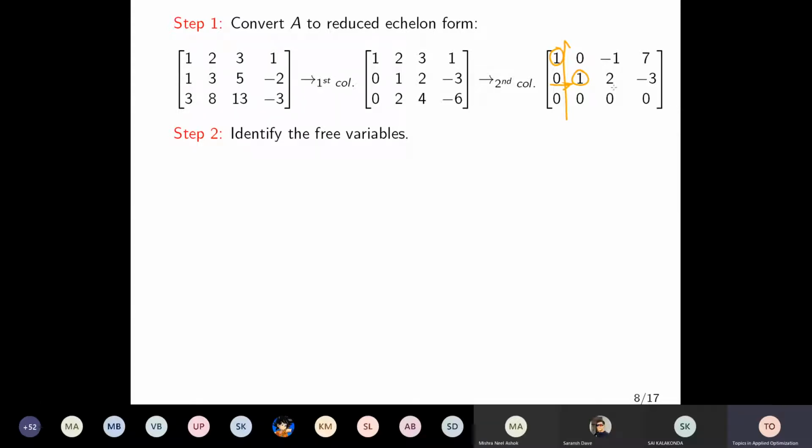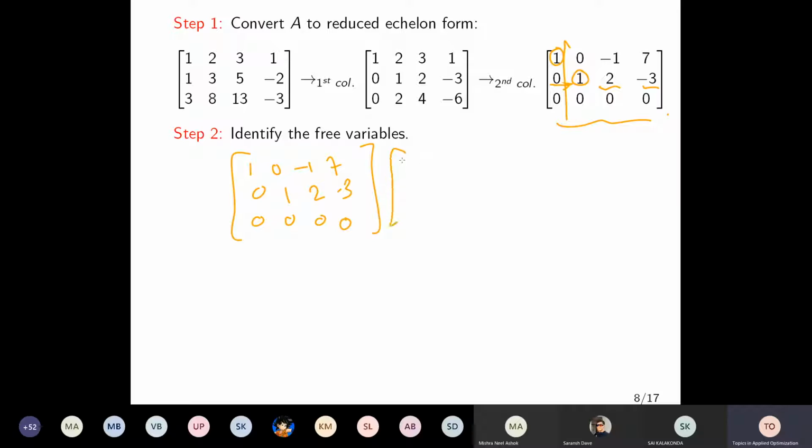And what are the free variables? These become free variables now, because you can put anything on them. Why does it become a free variable? Because if you remember, this is the matrix I have: 1, 0, -1, 7, and 0, 1, 2, -3, and 0, 0, 0, 0.